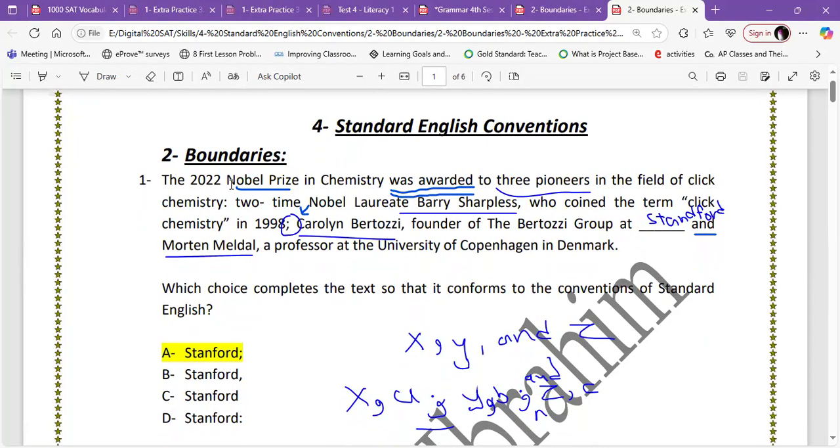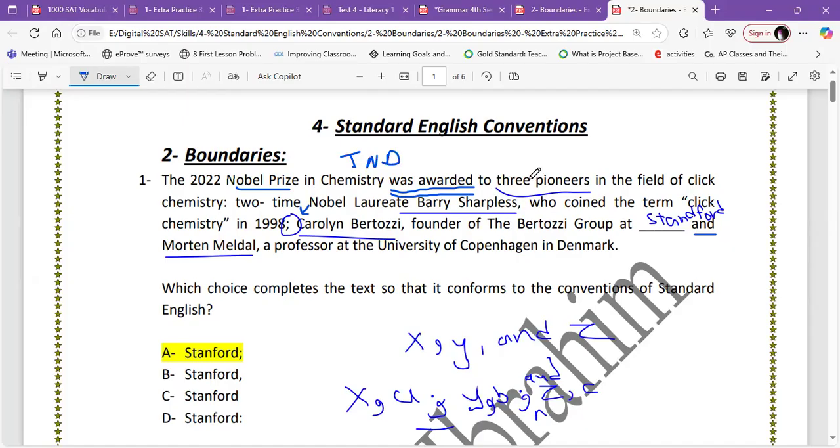The 2022 Nobel Prize, the subject, in chemistry, was awarded, the verb, to three pioneers in the field of click chemistry. Okay, till now it's a full independent clause. Then a colon, because there's an explanation.